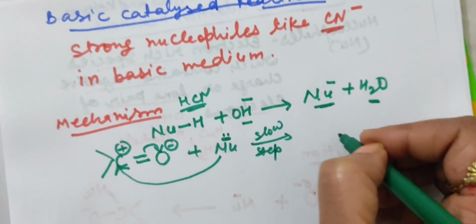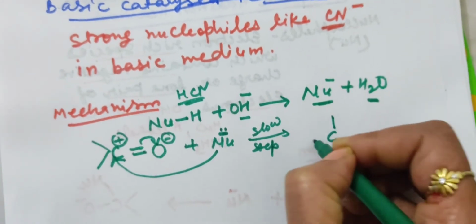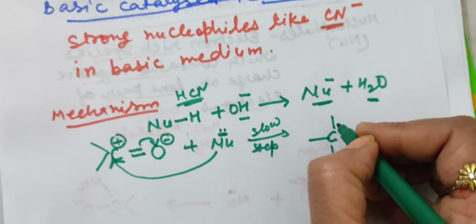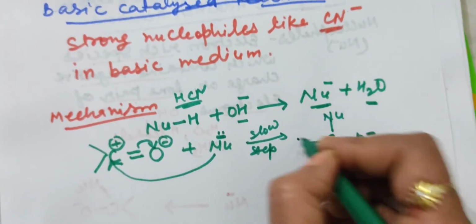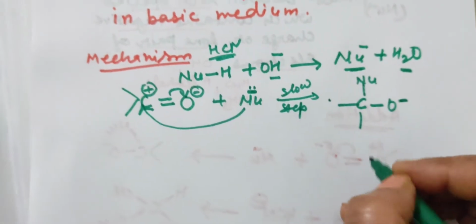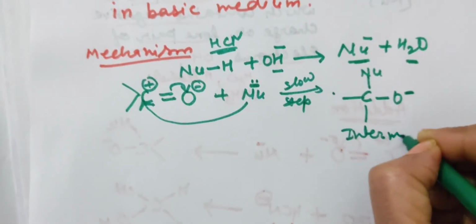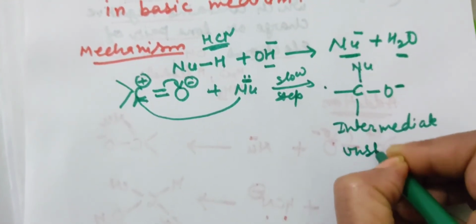Step first is the slow step, in which we find an intermediate, which is unstable, a carbanion intermediate.